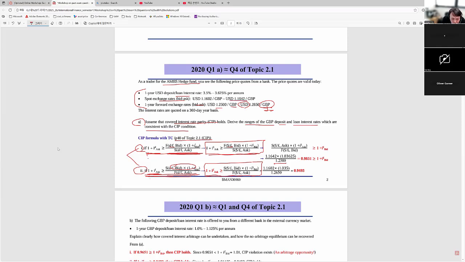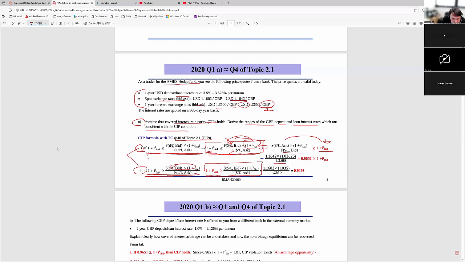If you plug in all these numbers, and we rearrange this in terms of the pound bid rate, what you can do is put the pound bid rate on the right-hand side, and everything else goes to the left-hand side. So we can directly transform this inequality into this form. Then we plug in all the numbers. The bid rate is 1.25.